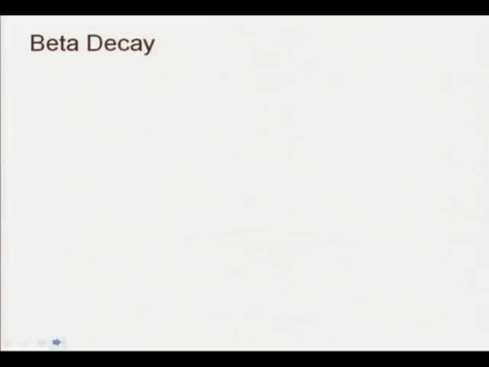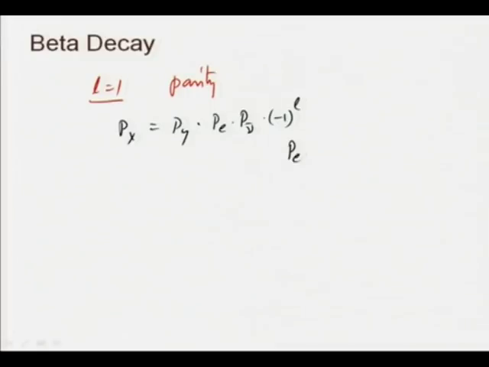Now, for L equal to 1, what about parity? It is again P x is equal to P y times P times P nu bar times minus 1 to the power L, and as I said earlier, P is taken to be plus 1, P nu bar is taken to be plus 1.